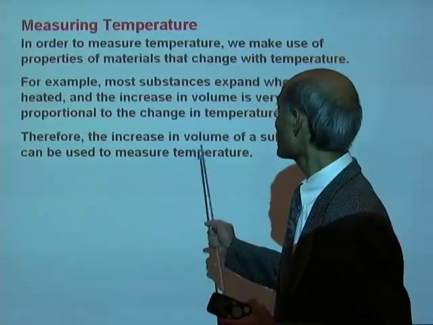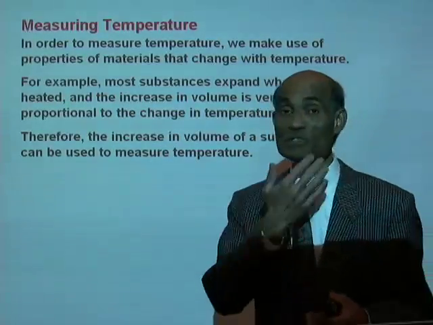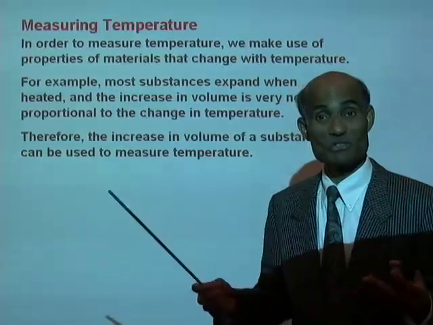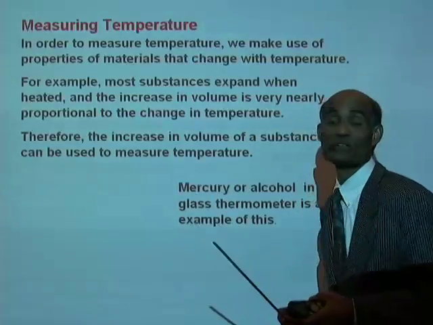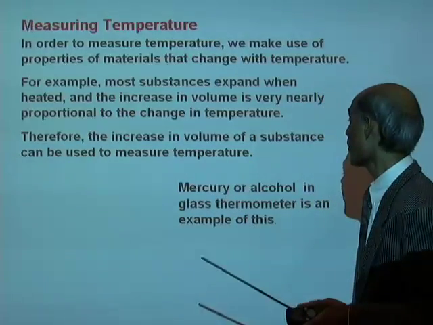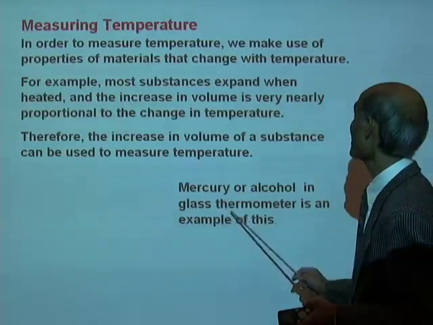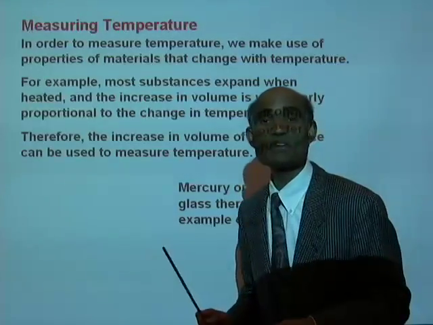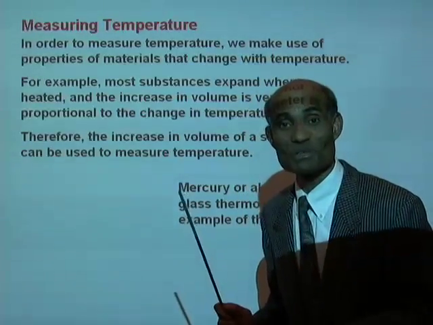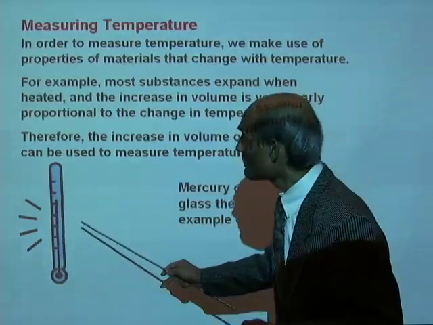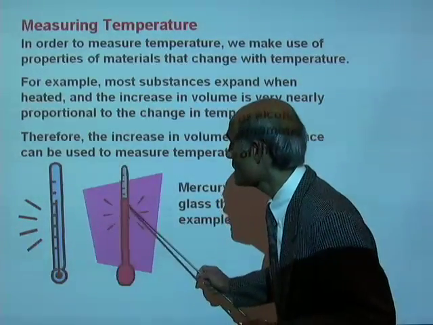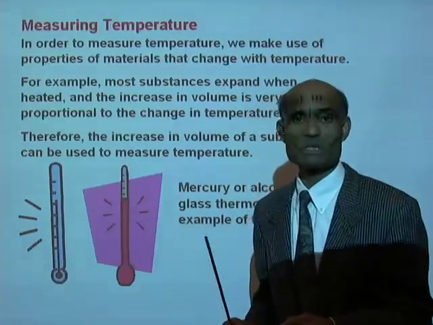Therefore, an increase in volume of a substance can be used to measure temperature, and that is what we do in thermometers. Mercury or alcohol in glass thermometers actually make use of that property. Alright, now here I have a mercury thermometer and an alcohol thermometer.